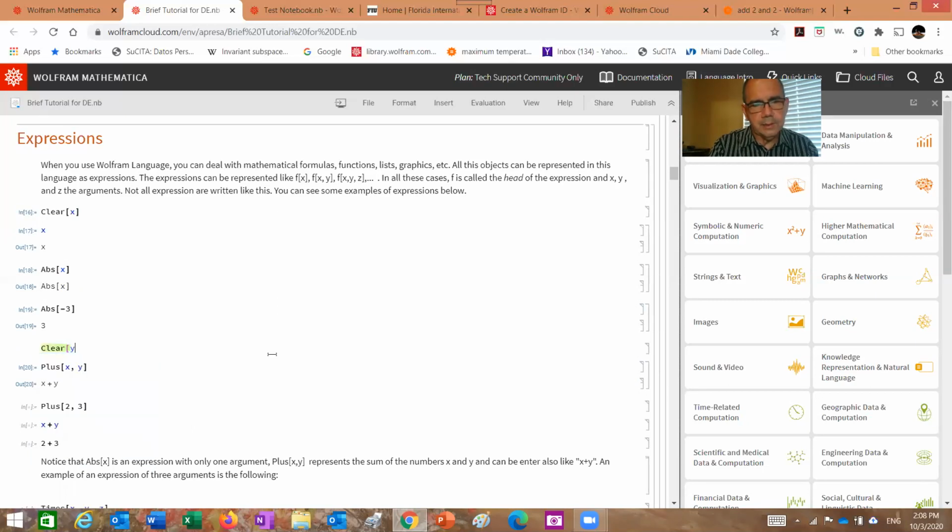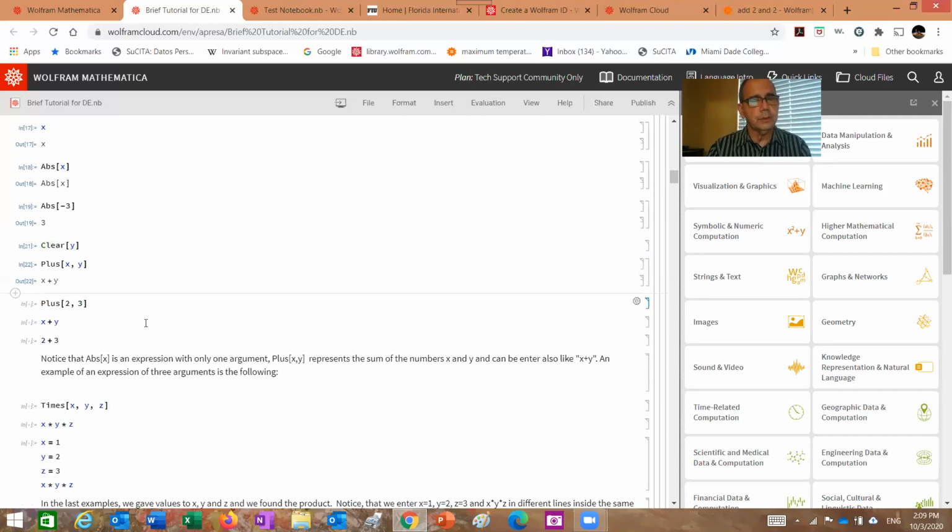I already cleared the value of x before, and I haven't assigned any new value. And then when you press Plus x y, you get the sum. It indicates that this is going to be the sum, and for the output it uses the regular way of expressing the sum of two expressions or numbers.